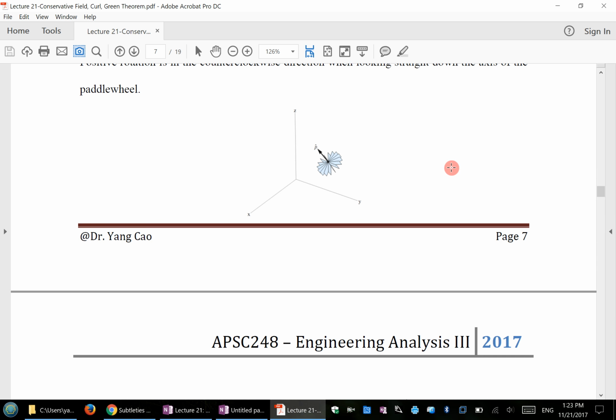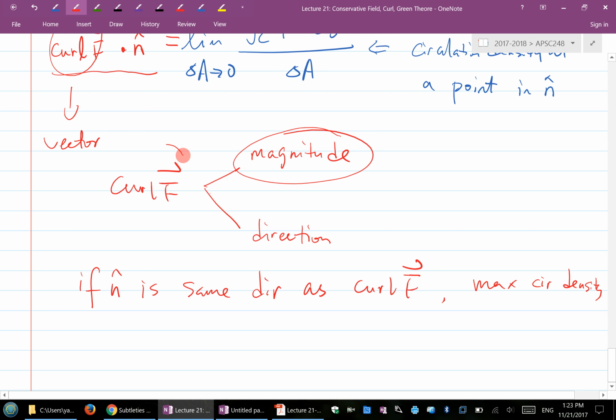You have to hold your paddle wheel in the same direction as this. That makes sense? Of course you have to calculate the curl f first, and to calculate curl you need to know the vector field. But often you can try it out to find the maximum.